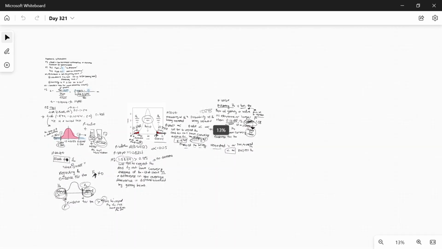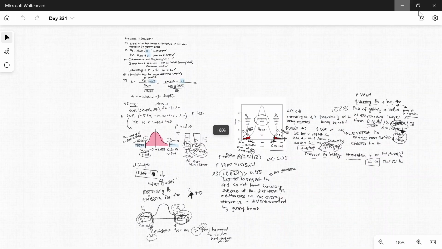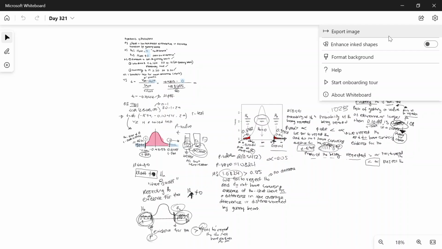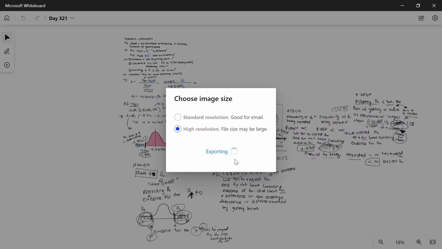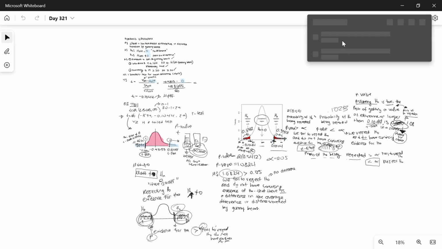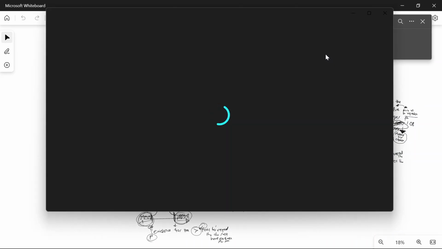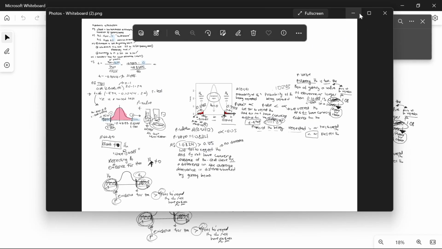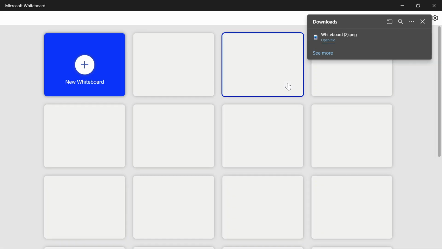Wait, let me zoom in. Alright, so export image. Have that there, and then I'll pull it up just in case. Alright, open file. And then I'll go over here to home and open up a new file.